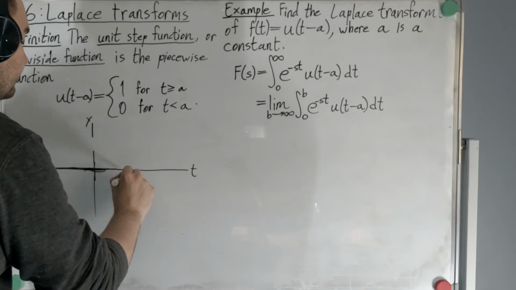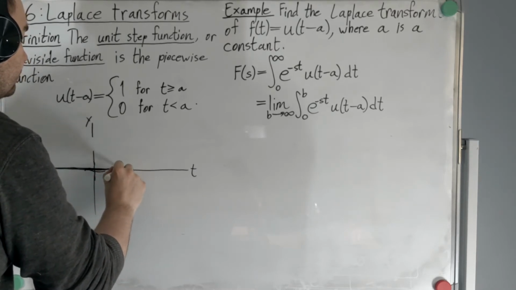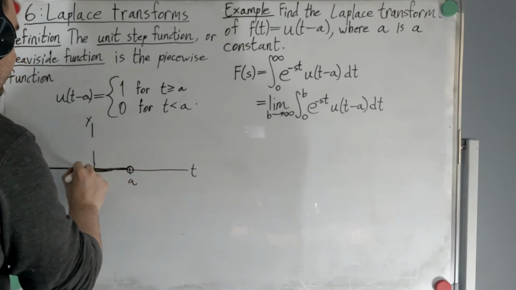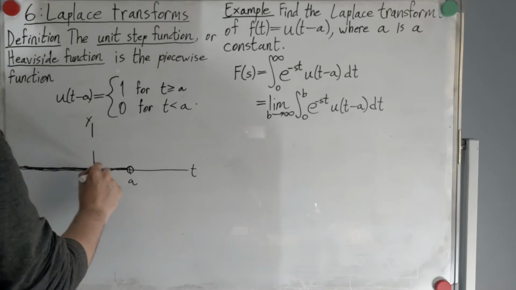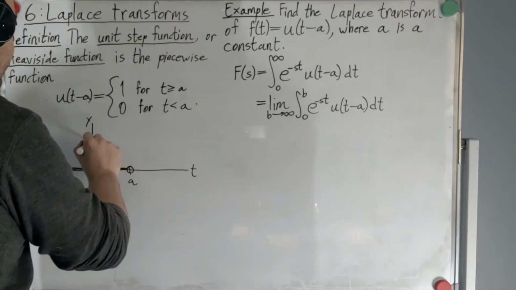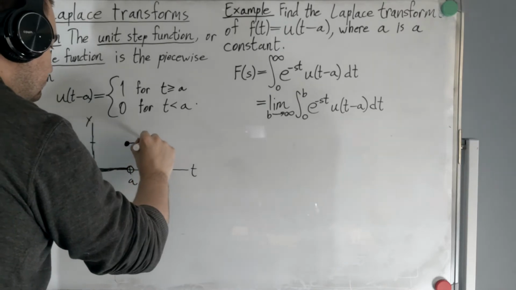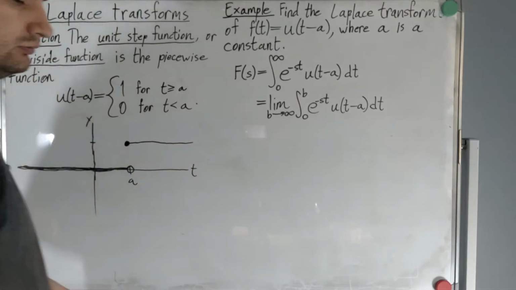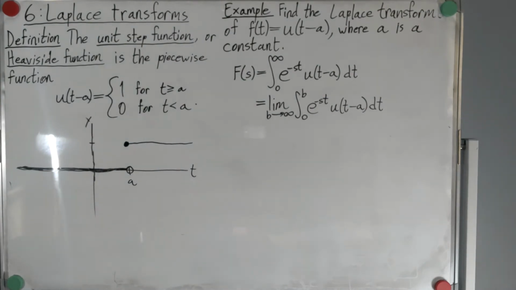So let's say a is right here. What we get is just 0 throughout until we get up to a, at which point we jump up to 1. And so we're looking at a function that looks sort of like that.